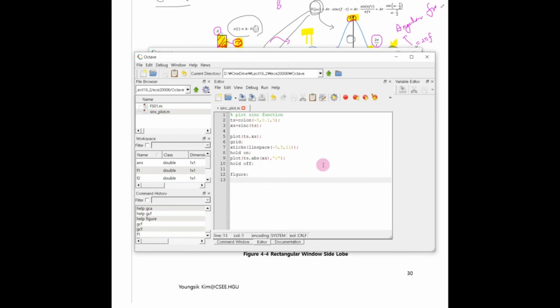I would like to plot the sinc function, 20 times log 10 of it.